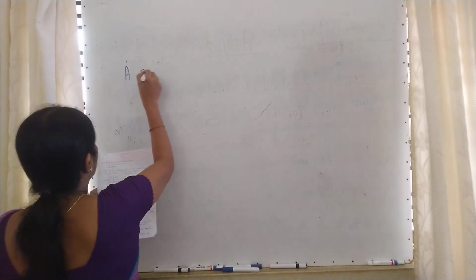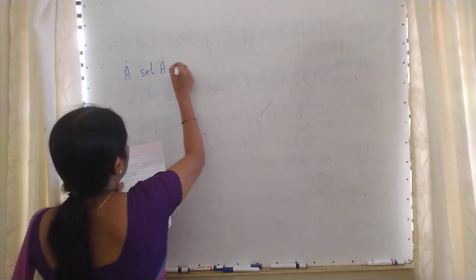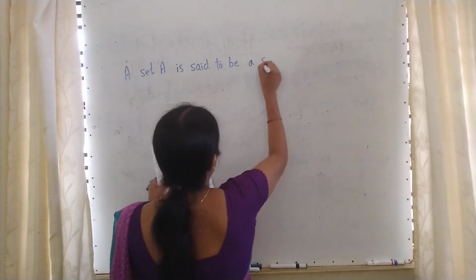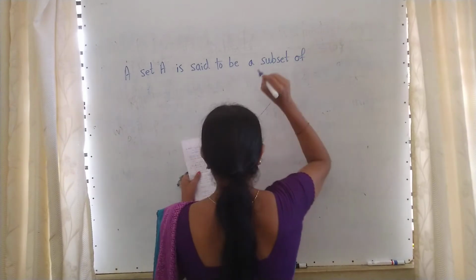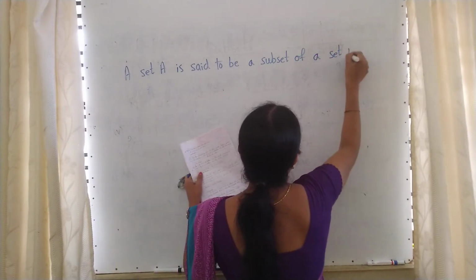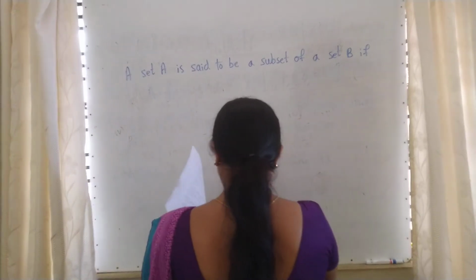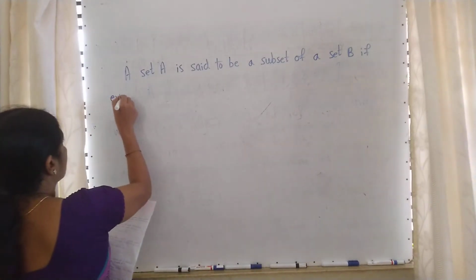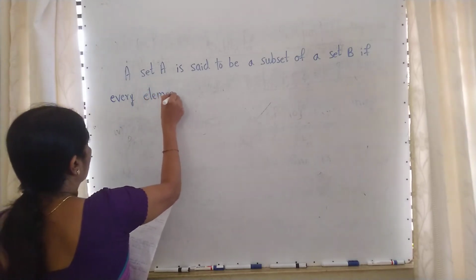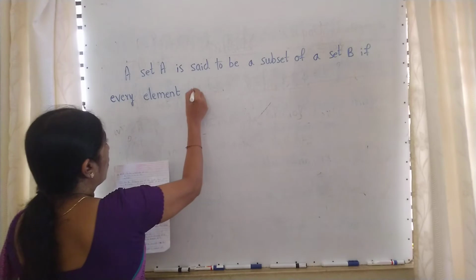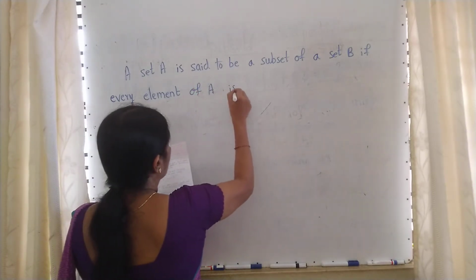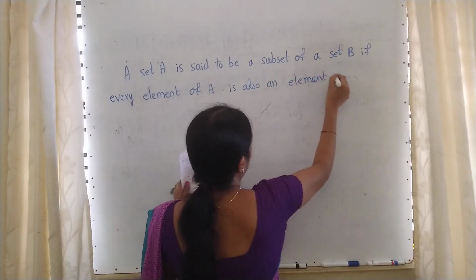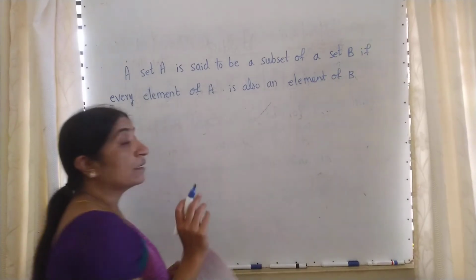A set A is said to be a subset of a set B if every element of A is also an element of B. See, the definition is also important.